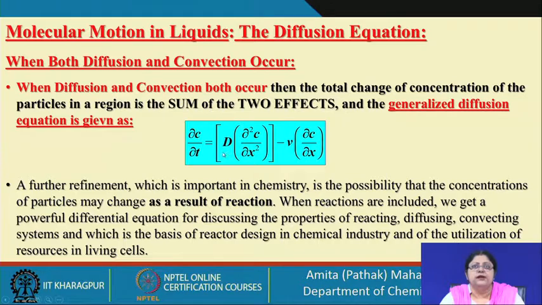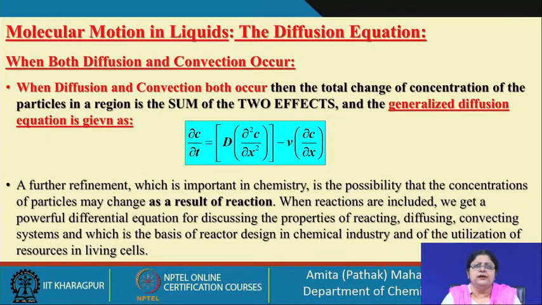So, the total change in any process where the concentration changes with time, and where the process is guided not only by diffusion, that means the particles are moving through the medium not only guided by a concentration gradient, but also because of convectional currents existing in the system.